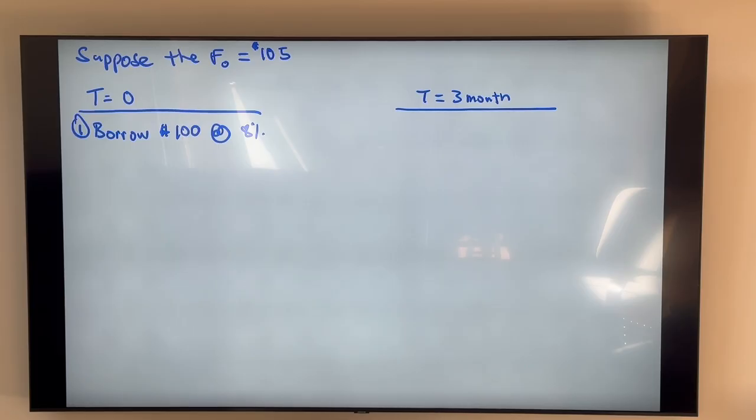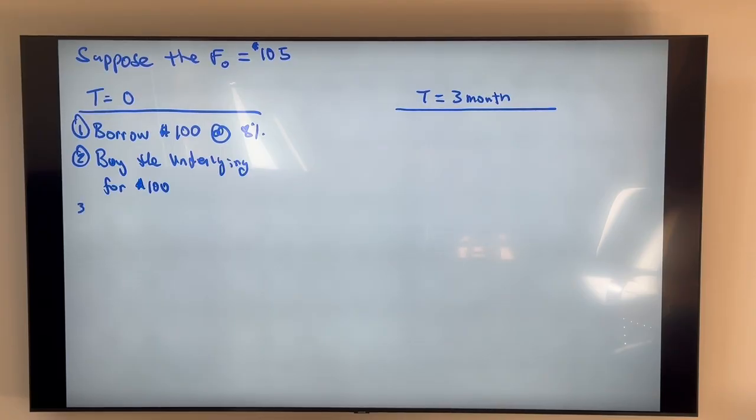So now that you have the $100, the second thing you would do is you would buy the underlying for $100. So now you are long the underlying, which in this case we're saying is a stock.